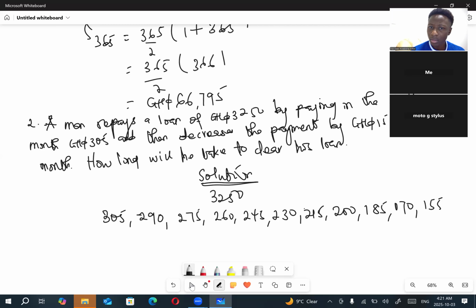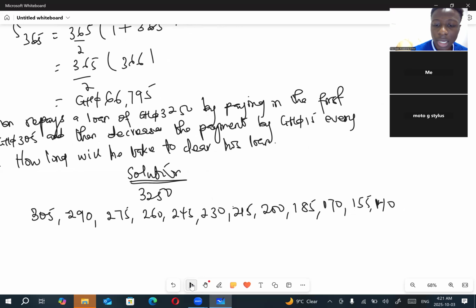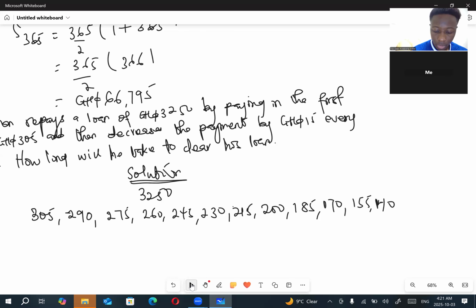Is that what you said? Anyway, let's continue. It's not even up to the loan amount, so 140. You are using the calculator to add and you are still getting it wrong.